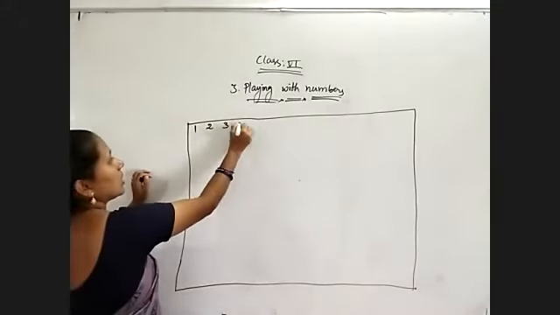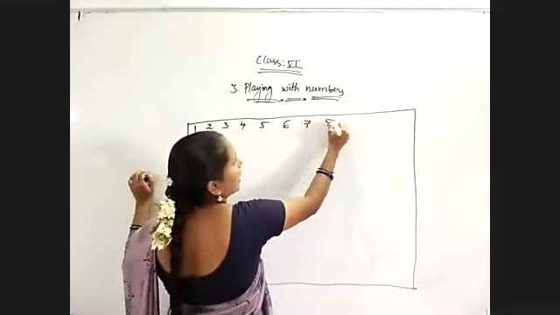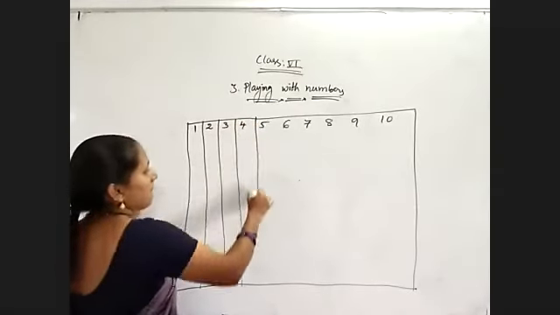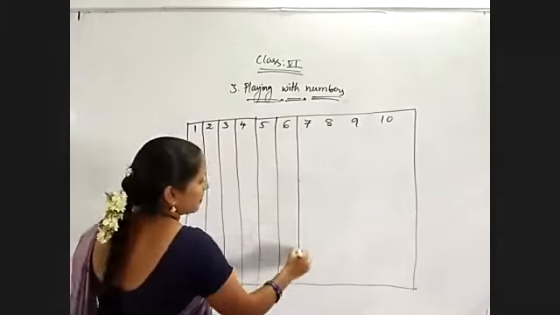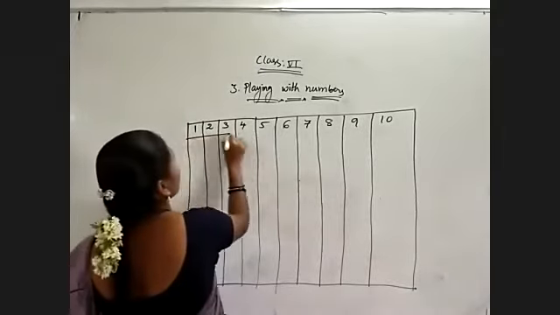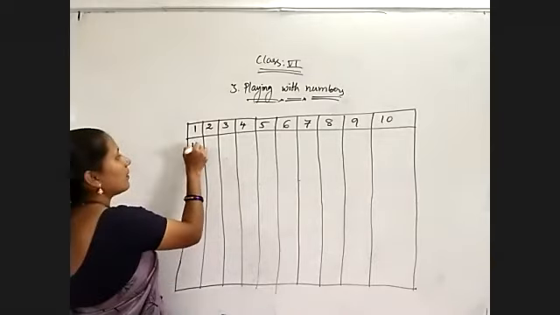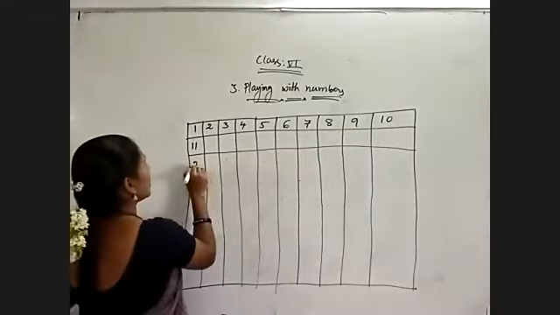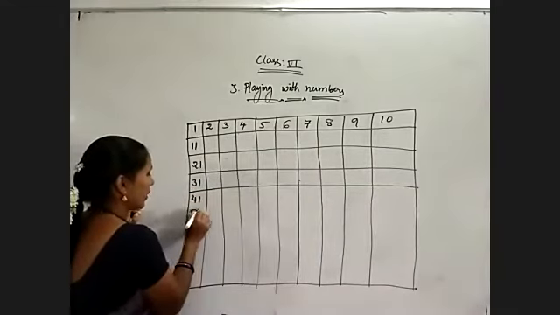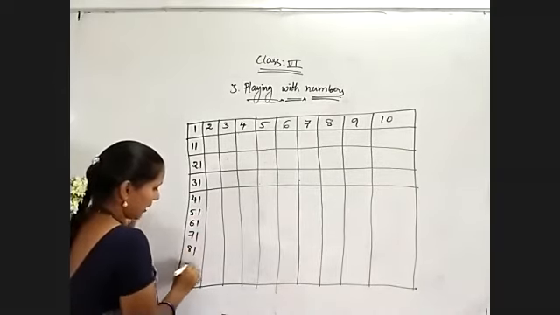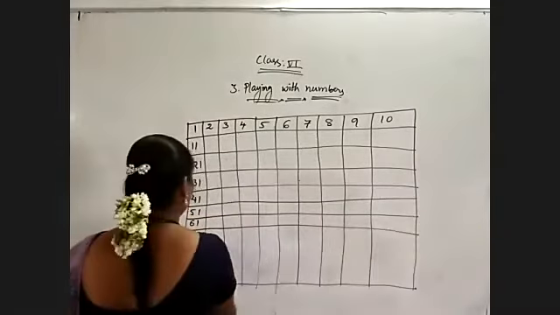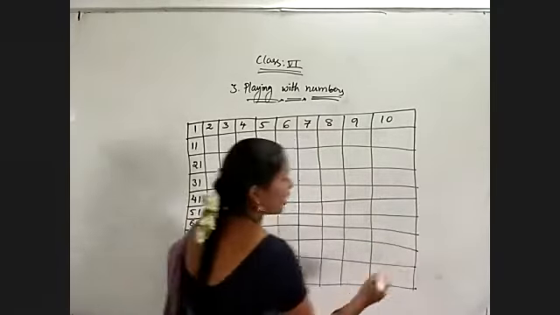1, 2, 3, 4, 5, 6, 7, 8, 9, 10. 11, 21, 31, 41, 51, 61, 71, 81, 91. 1 to 100 numbers I am writing, okay?